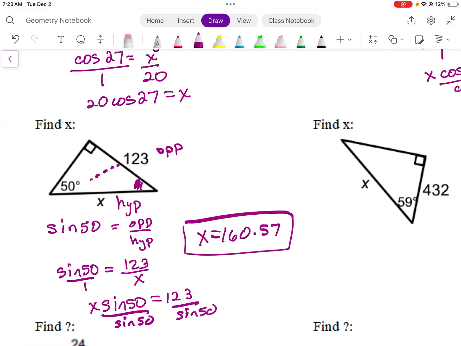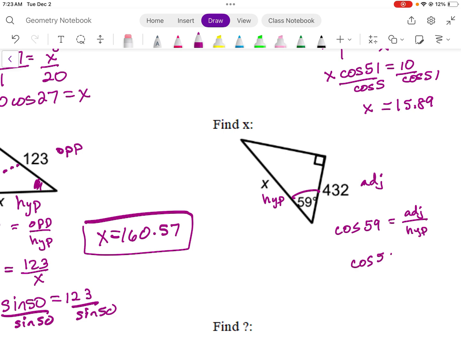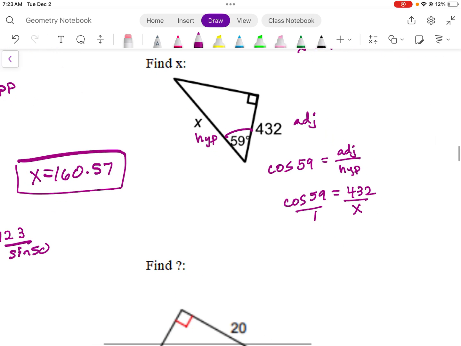Okay, you can stop the video anytime if I'm going too fast. So here's my angle 59. Here's my hypotenuse. Here's my adjacent. So cosine of 59 is equal to adjacent over hypotenuse. So cosine of 59 is equal to 432 over x. Cross multiply.